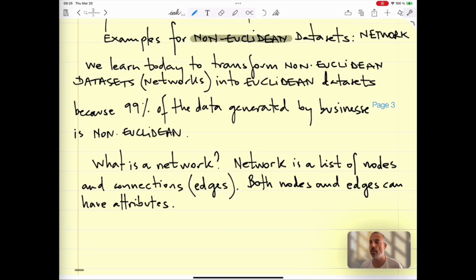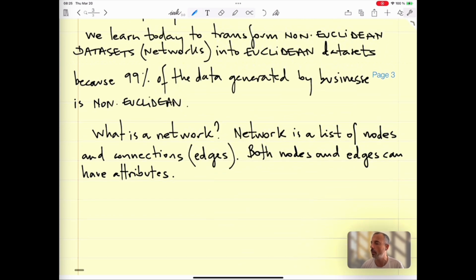So, characteristics. Let me paint one little example network. Node 1, node 2, node 3, node 2 to 3, node 4, node 5, and node 6.